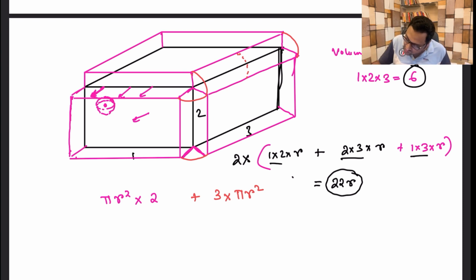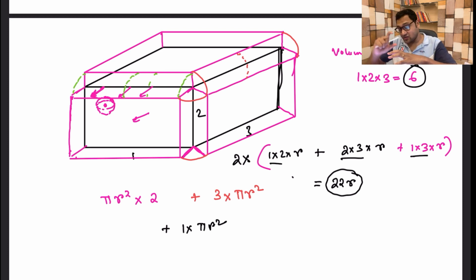So you can just draw it using the green one, maybe like this. So again we have 4 of them. So 1 times pi r square. Here 1 is the height and pi r square is the area of the base of the cylinder.